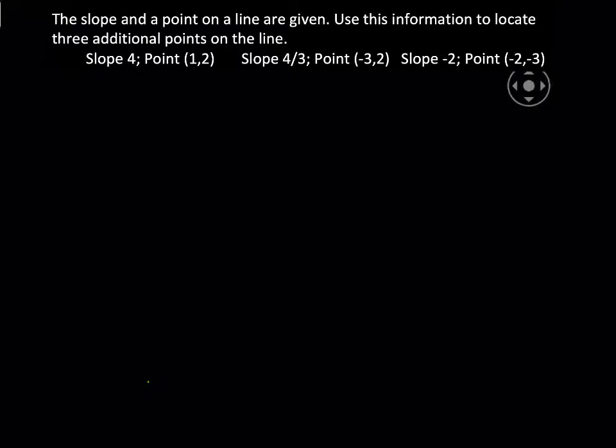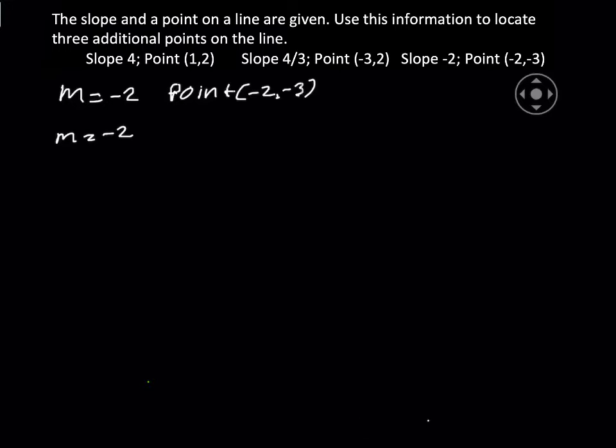Okay, next one, slope is negative 2. So I will write down m equal negative 2, and the point is negative 2 comma negative 3. With m equal negative 2, we can write this as negative 2 divided by 1.